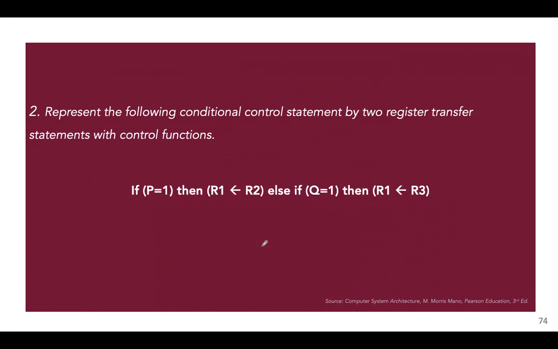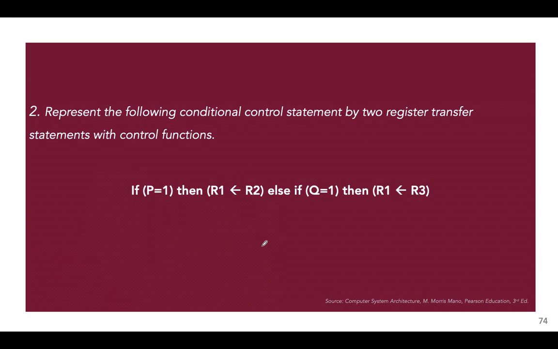Okay. Represent the following conditional control statement by two register transfer statements with control function. So this is a conditional control statement, and we encountered something like this in this video earlier as well. We need to convert it into two register transfer statements with control functions.